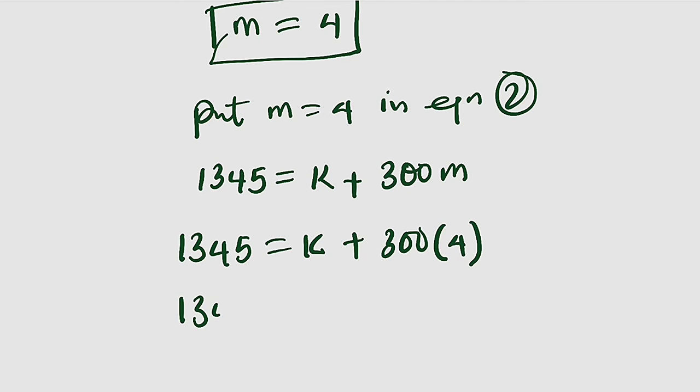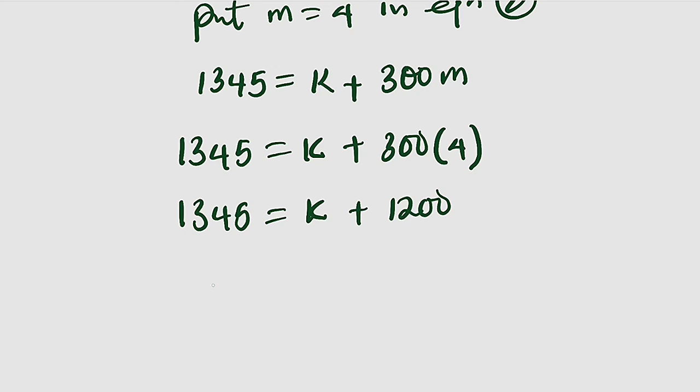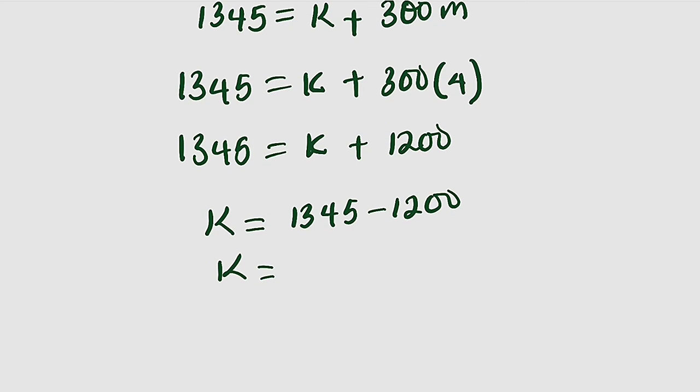This is 1345 equals K plus 1200. Then to find the value of K, we subtract 1200 on both sides: 1345 minus 1200, and K is equal to 145.